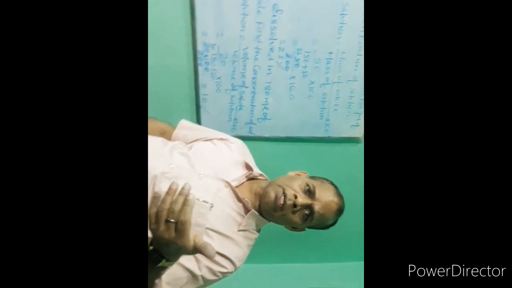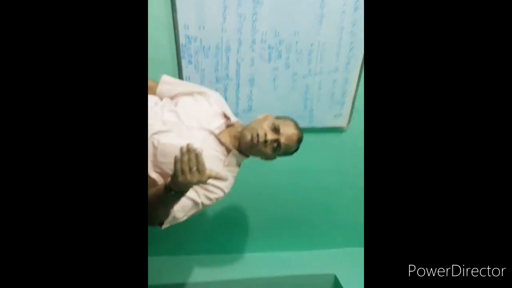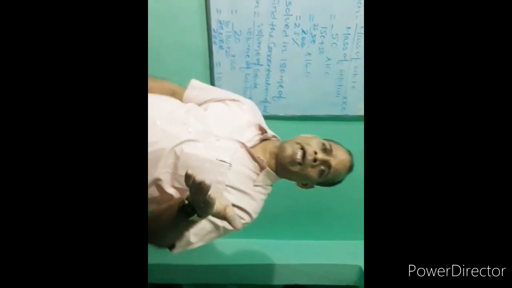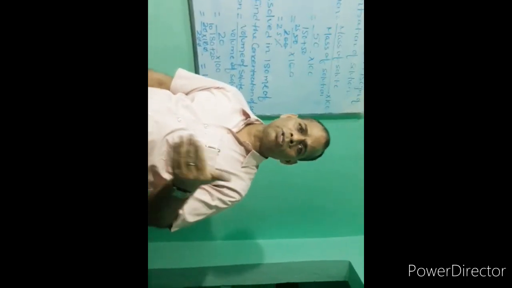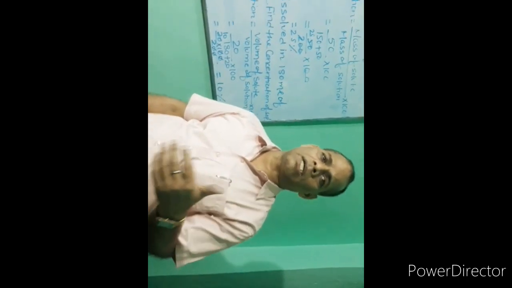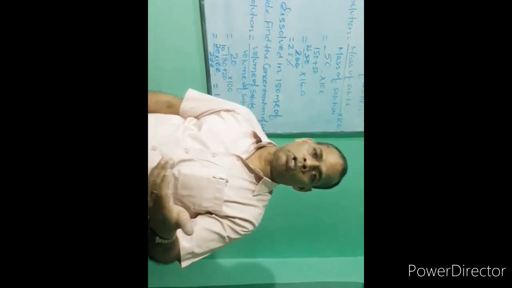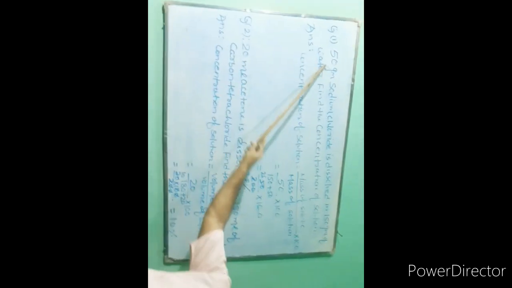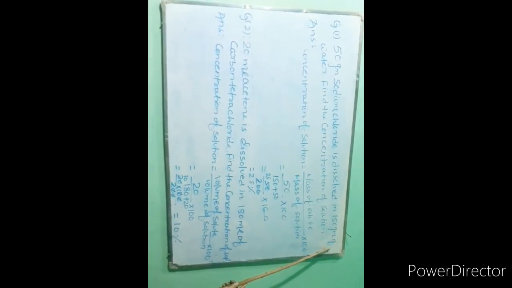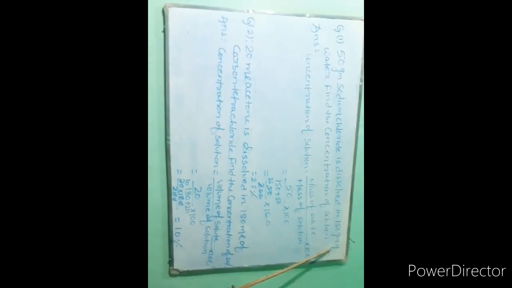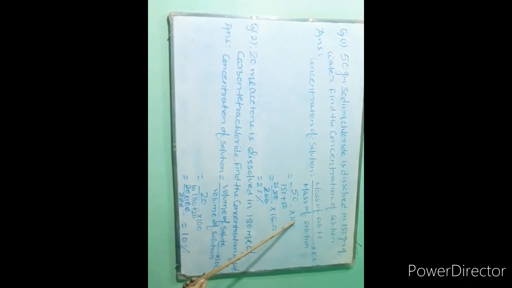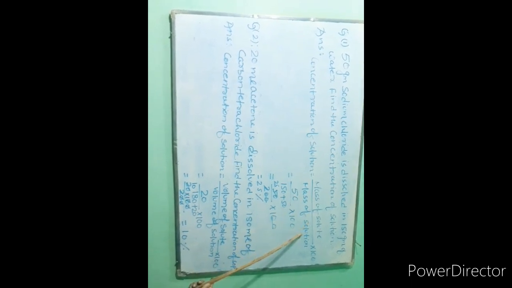In a solution, the component whose amount is larger is considered the solvent, and the one whose amount is lesser is considered the solute. So here 50 gram is the mass of solute and 150 gram is the mass of solvent. Put the value here: mass of solute 50 into 100 divided by mass of solution.